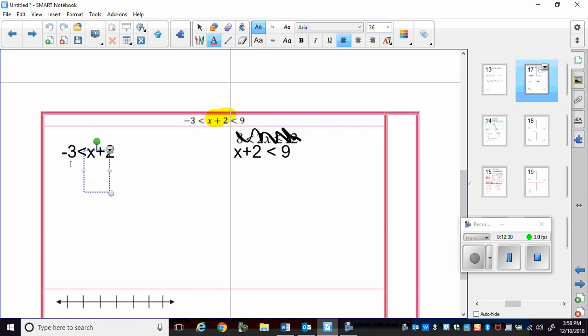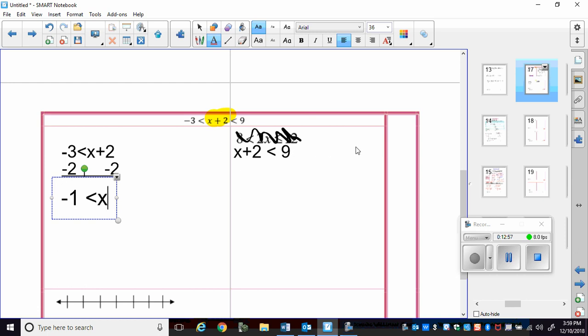And then we're going to come over here and subtract that 2 on both sides to get that x by itself, right? Subtract 2 on both sides, and let me underline that so you should as well, right? Okay, and I get -1 is less than x.